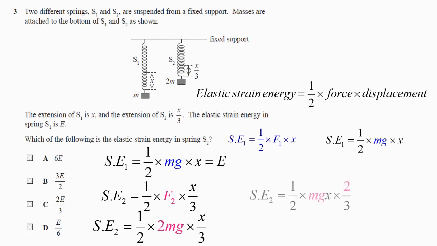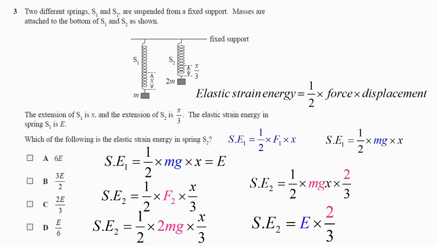We are just rearranging these terms. So rearranging, we will get half into mgx into 2 by 3. Just rearranging the terms. Half mgx is nothing but the strain energy stored in the first spring.